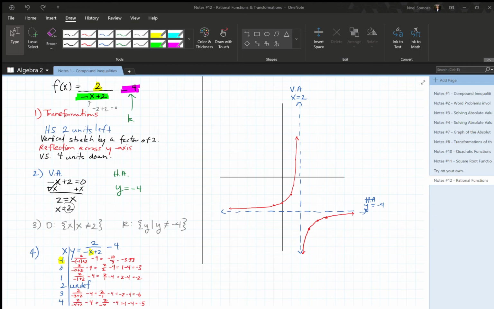So now, let me see, just double checking I didn't make a mistake here somewhere. That's 1/3 minus 4, so that's -3 2/3.